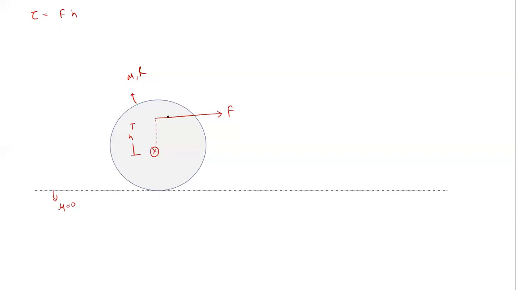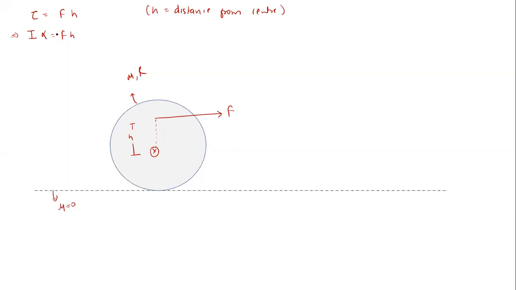The force is not passing through the center. That is why I told you I am applying the force not at the center, but at a distance of h from the center. Because of this torque, the body will start rolling with an angular acceleration, that is torque equal to I into alpha, which will be equal to F into h.